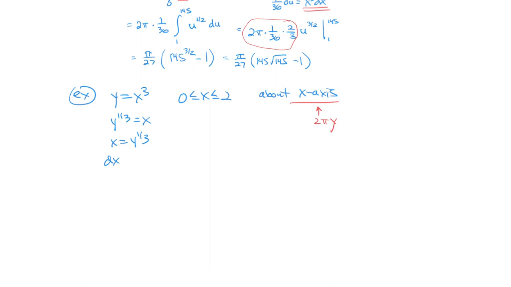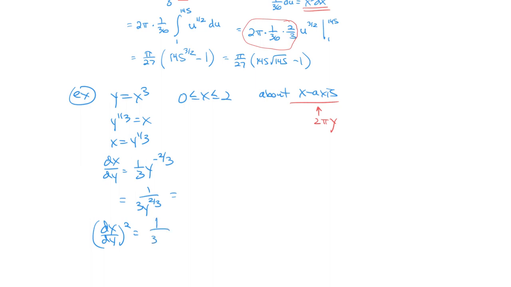So then dx/dy will be 1/3 y to the negative 2/3, right? Which is like 1 over 3 y to the 2/3. Then I need to square that. So we need to do dx/dy squared.